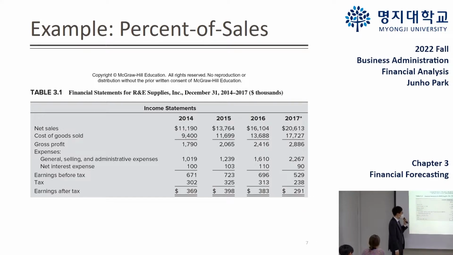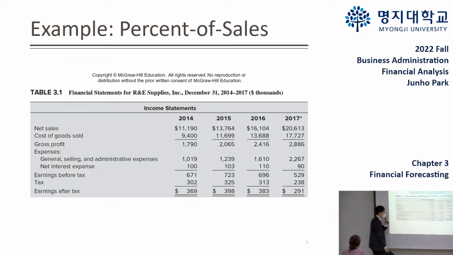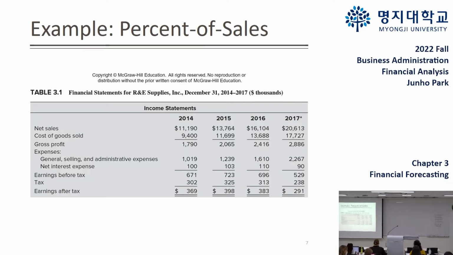And the second thing is general selling and administrative expenses. I often write it selling, general, and administrative expenses, so I often shorten it by calling it SG&A. And this is about the marketing expenses, and this is about the management expenses related to your operation.